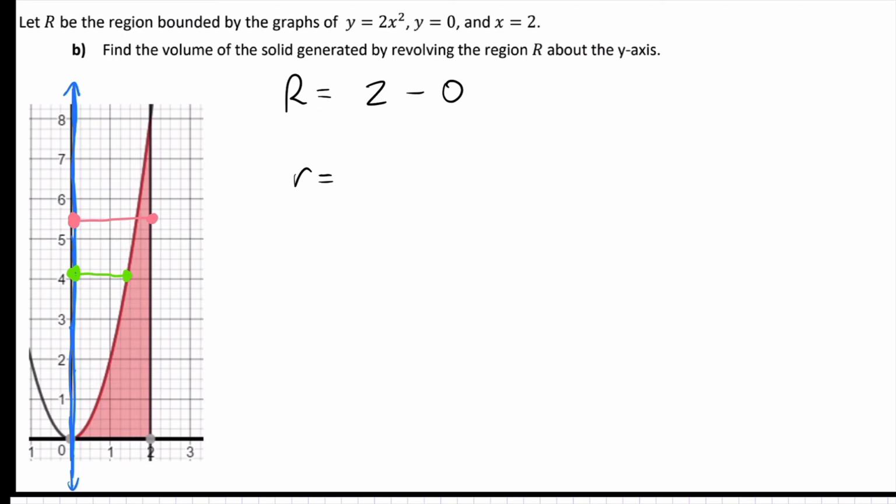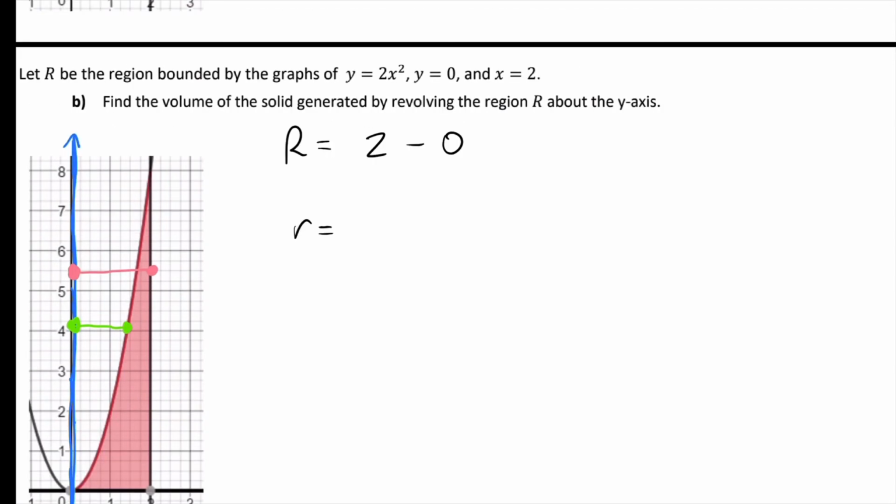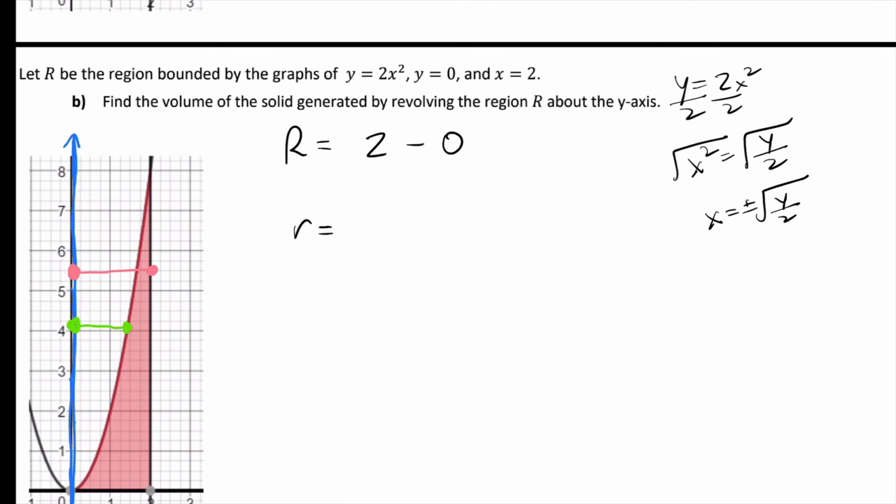So I have to solve for x. y equals 2x squared. Divide both sides by 2. I get x squared equals y over 2. I take the square root, and I get plus or minus the square root of y divided by 2.